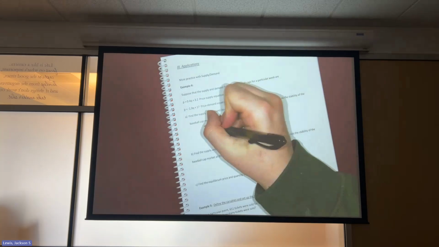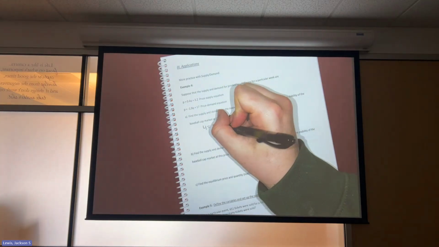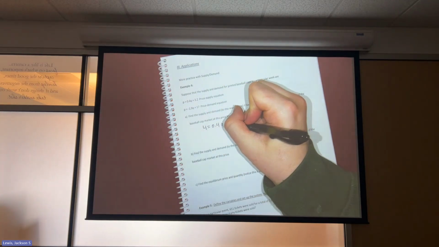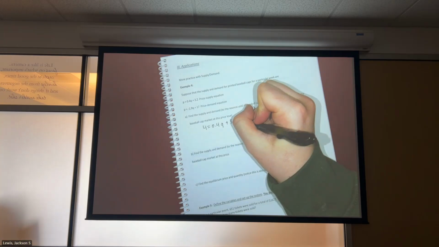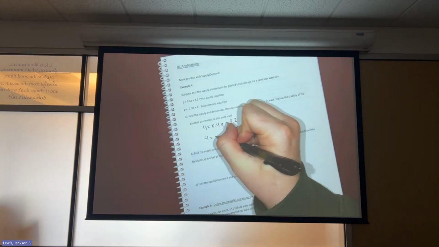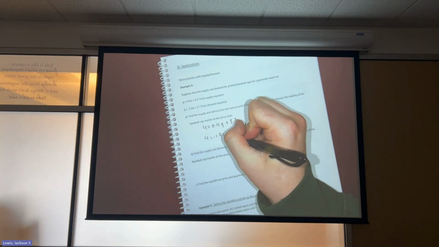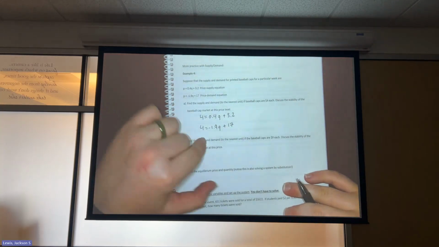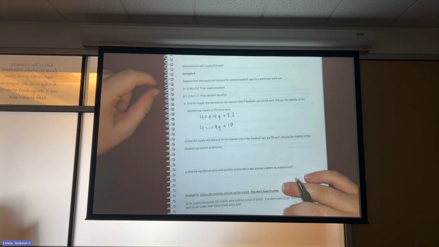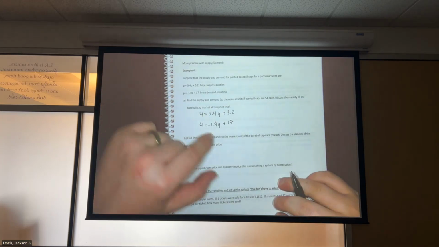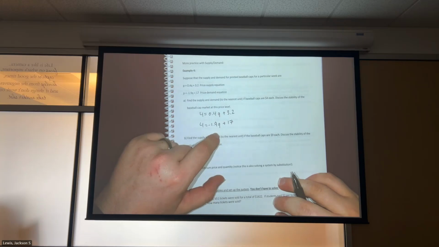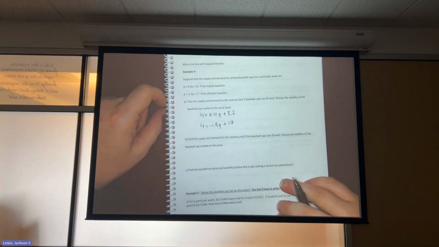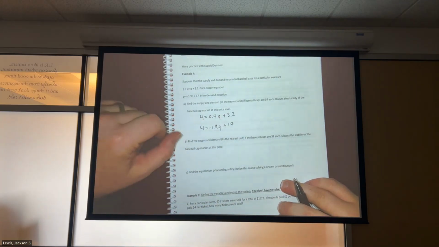So I just plug in 4 equals 0.4q plus 3.2, and 4 equals negative 1.9q plus 8. I'm solving for whatever q is here. So I'm just looking for the value of q. This is a little gross with all of these decimals, but this is doable.